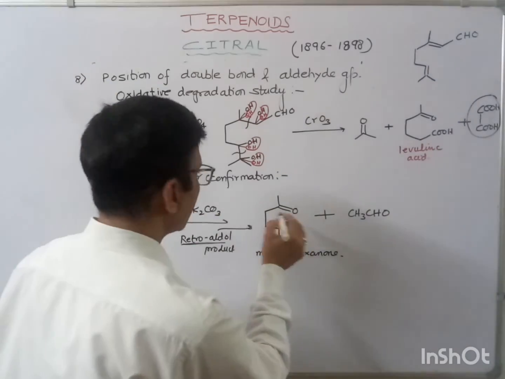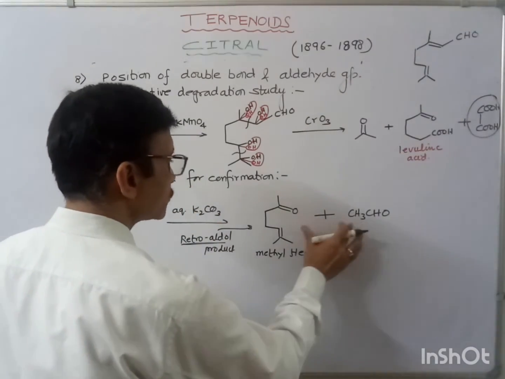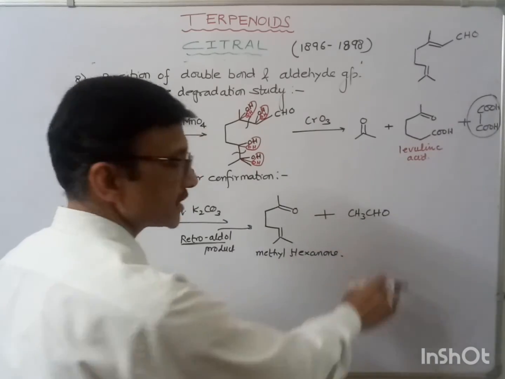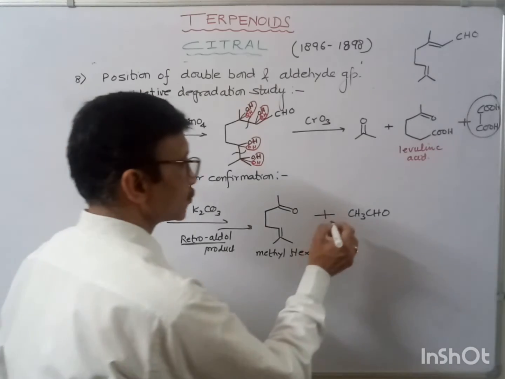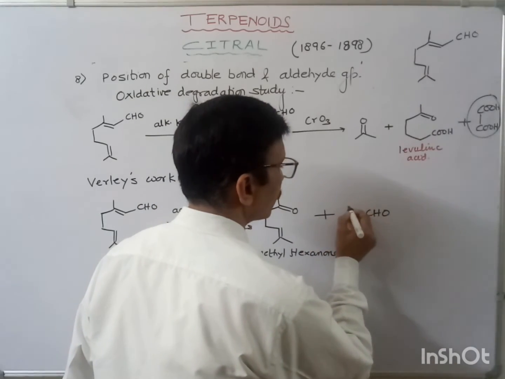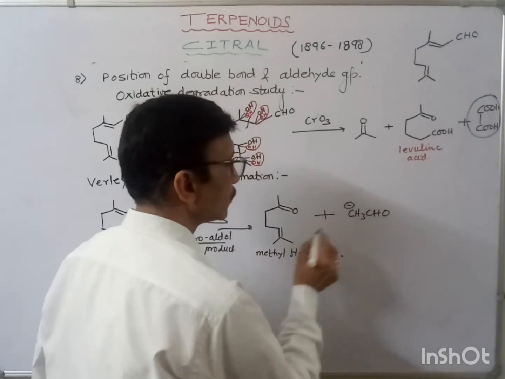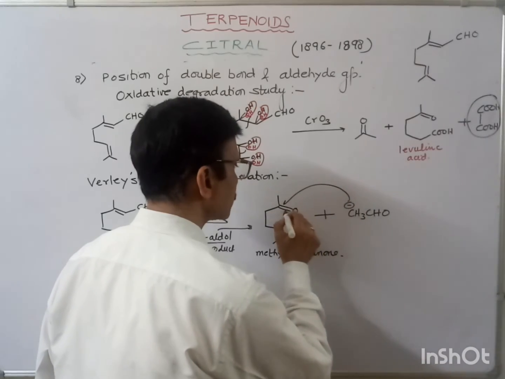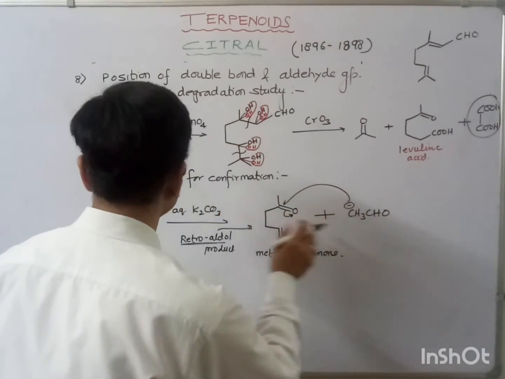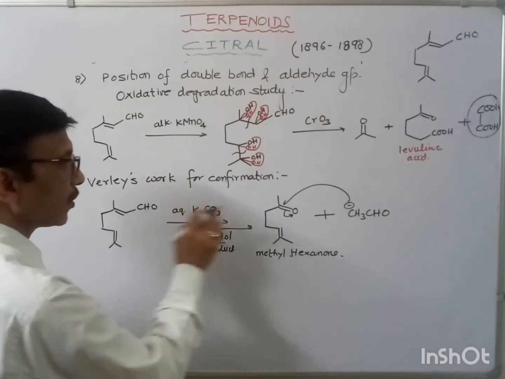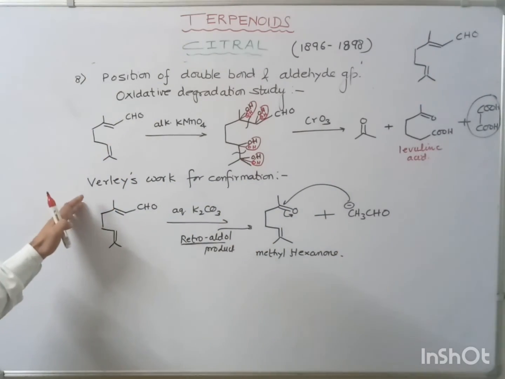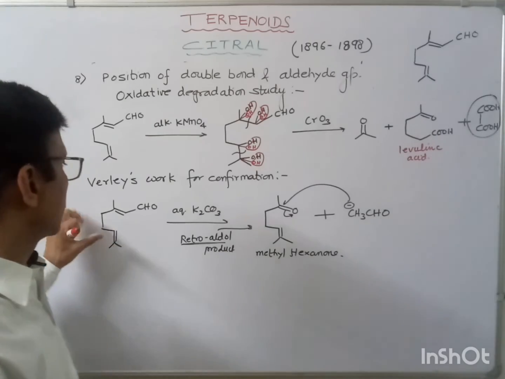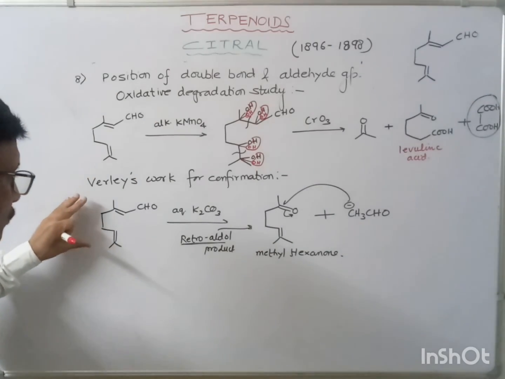Using these two, methylhexanone and acetaldehyde, again we can get the citral molecule. In presence of base, a nucleophile will form over here, and that will attack over here, and finally removal of an H2O molecule will occur. So this Verley's work further proves the structure of this citral.